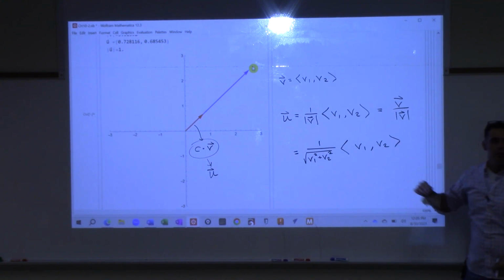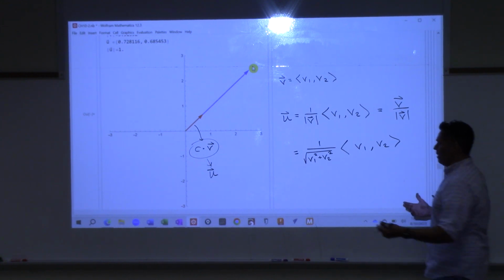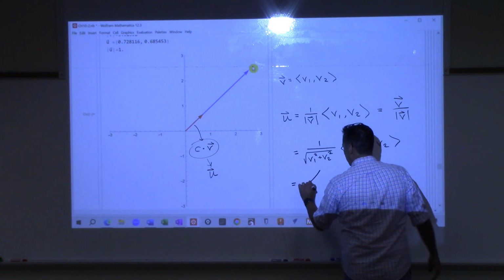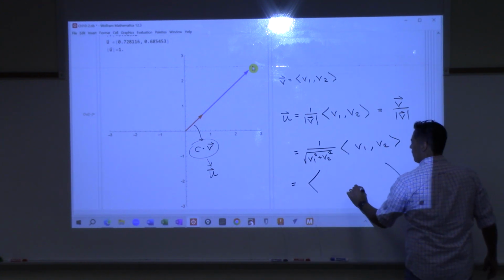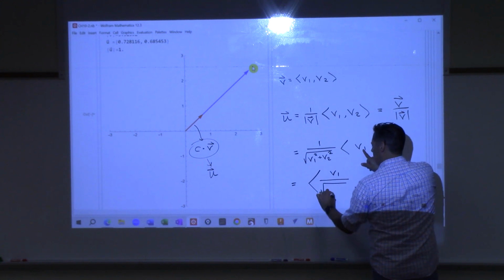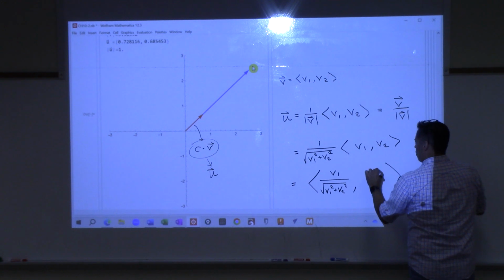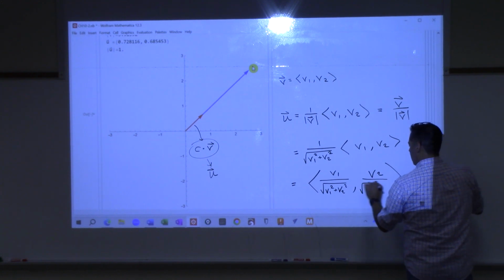We're going to pass it through, and we will have a formula for finding the unit vector that points in the same direction for any vector, period. So we get a new vector: v1 over the square root of v1 squared plus v2 squared, and then v2 over the square root of v1 squared plus v2 squared.